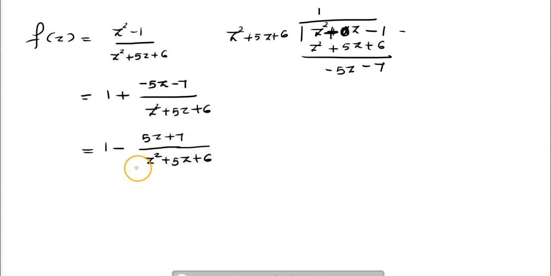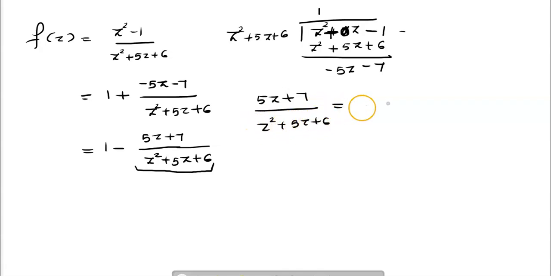Okay. Now we use partial fractions on (5z + 7)/(z² + 5z + 6). For the denominator, the sum of the roots is 5 and the product is 6, which means 3 and 2 are the roots.